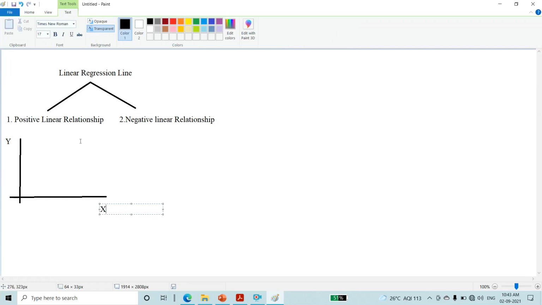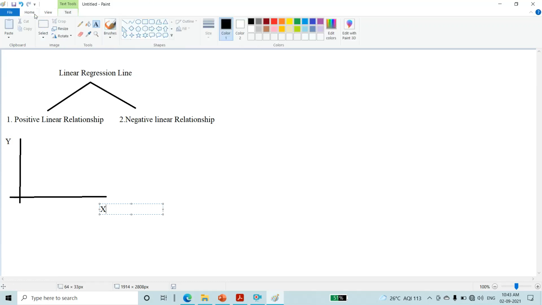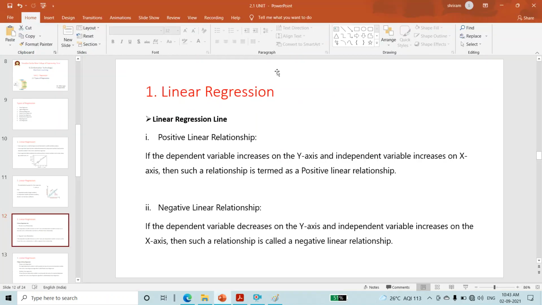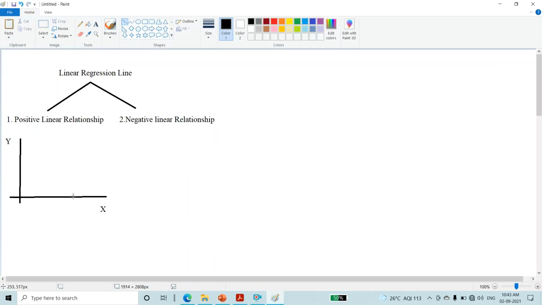Okay, and if this x axis increases, the dependent variable increases on the y axis and the independent variable increases on the x axis. Okay, so this type of relationship is called a positive linear relationship. Okay, so this is the positive line of regression.